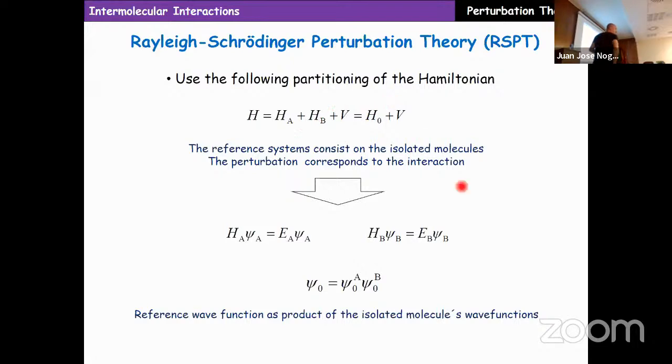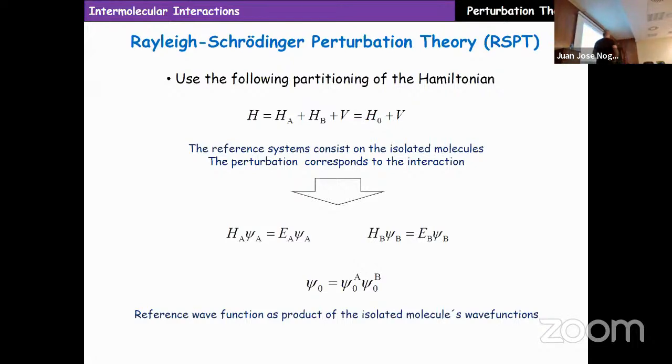This is a summation of the A and B Hamiltonians plus V. This V is the intermolecular interaction. It's all the terms in the Hamiltonian that involve electrons and nuclei from different fragments. Okay, very simple. Can I apply perturbation theory here? Yes, because V is much smaller than the reference Hamiltonian, so the interaction is small.